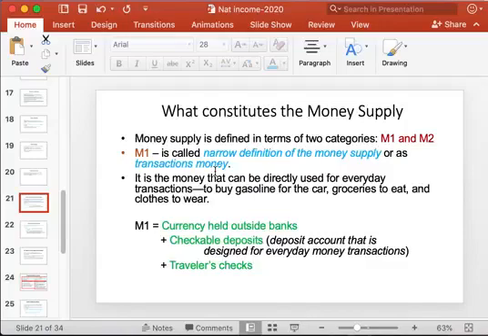Money supply M1 constitutes the currencies held by the general public, or the public outside the banks.